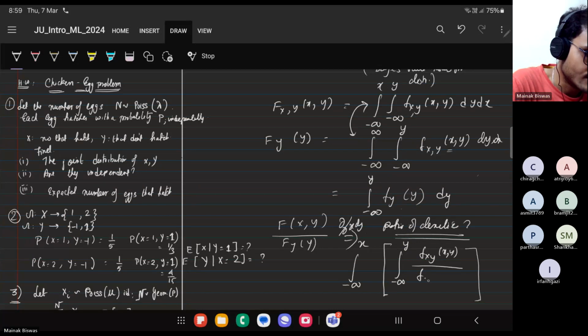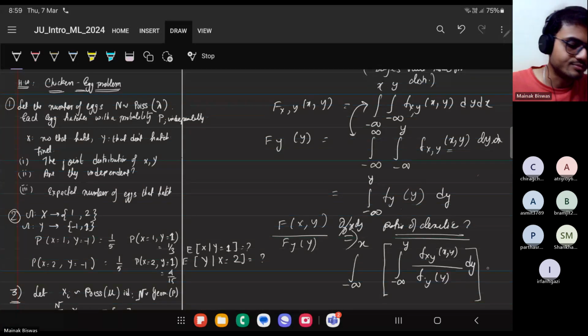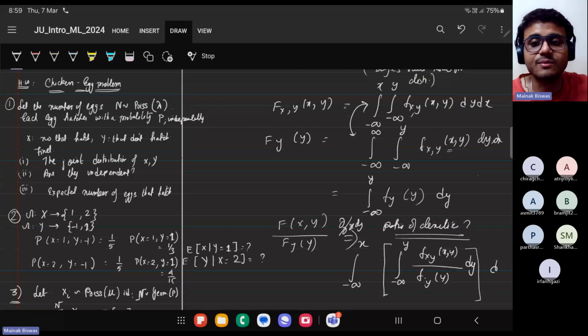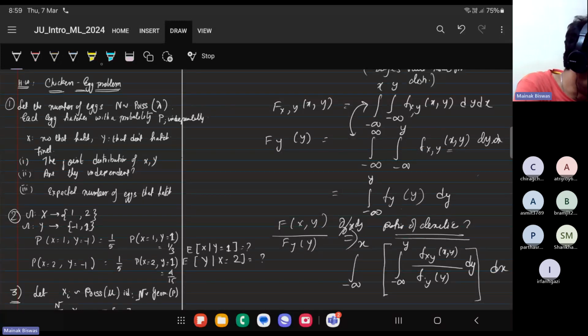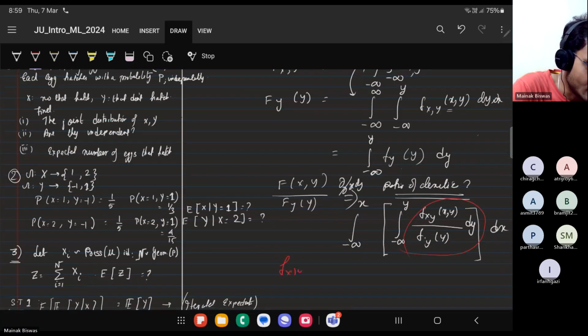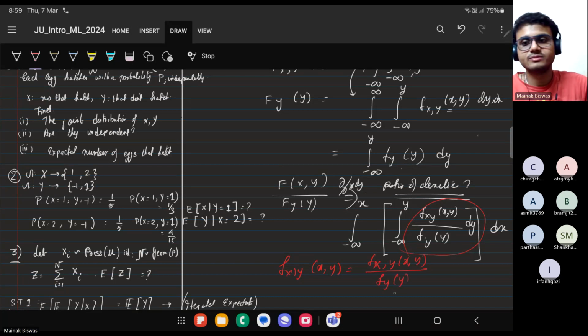Very good, because the integrals are from the same range, and the inner integral does not depend on x. So you can refer to this as the conditional density, yes or no? So f of x given y, this is much simpler. Instead of taking the derivative, it's just going to make the calculations complex. Is it okay?